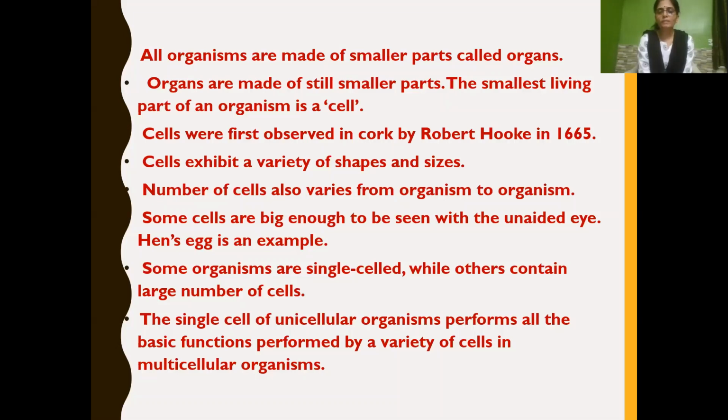Some organisms are single celled, that is, organisms whose body is made up of only one cell, and we call these unicellular organisms. Some other organisms have bodies made up of many cells, and we call them multicellular organisms.